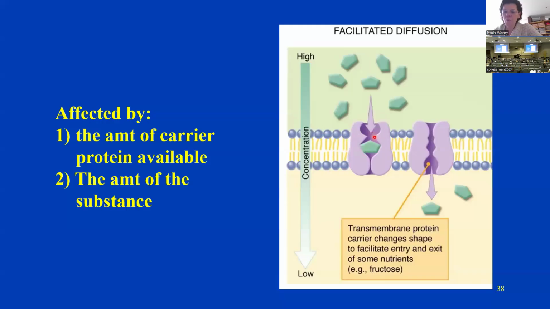If you have only one protein over there as a channel, you're going to have one molecule going at a time. If you put 100 of those, then 100 molecules can go at a time. So you're going to have faster diffusion. Okay. Another thing that is going to influence is how much stuff is on the higher concentration. So the amount of the substance in the higher concentration, the more gradient that you have, the faster the diffusion that you're going to have.